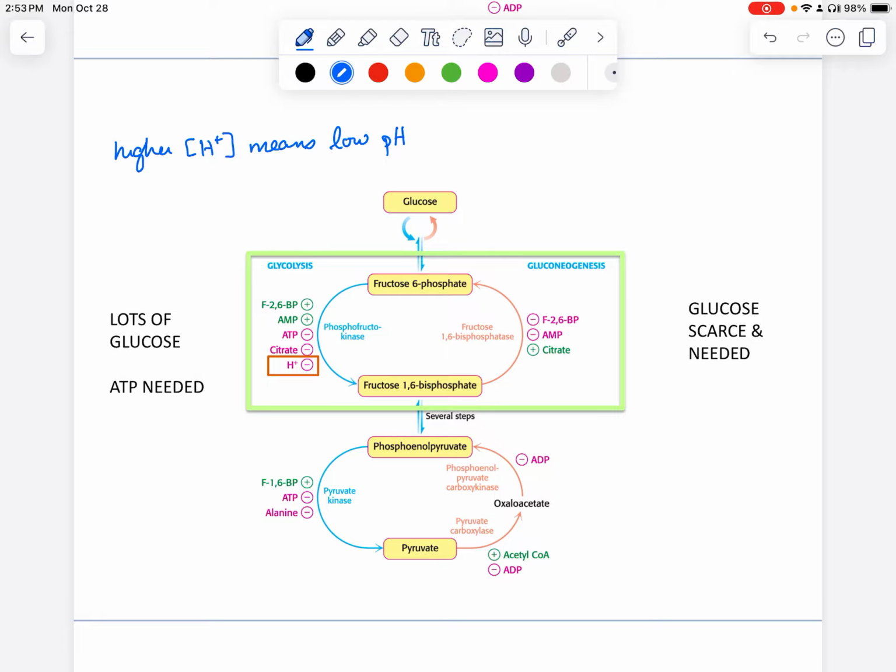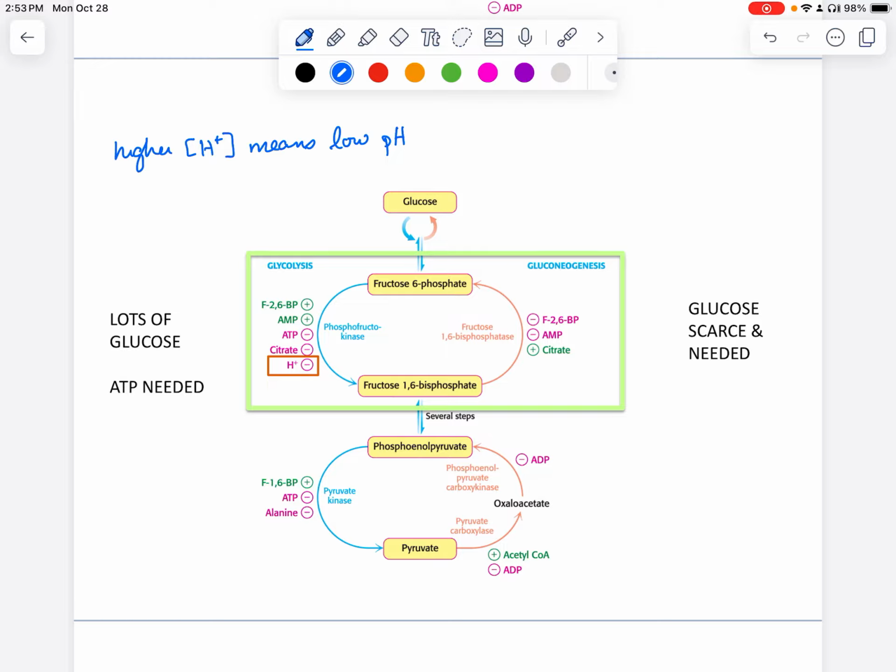So when you are actively respiring, oxygen is low, glycolysis is running quickly, and your body is making lactic acid. On top of that, protons are a byproduct of respiration, the oxidative phosphorylation. So as all of this happens, we're making lactic acid, we're making these protons, and if the pH gets too low, it can actually damage the enzymes.